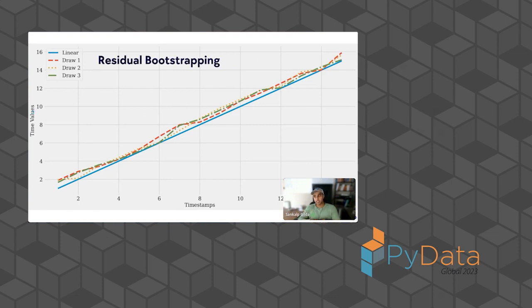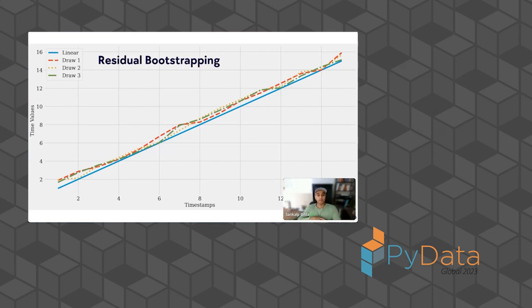Specifically, in this presentation, I've demonstrated residual bootstrapping. This is one of the several model-based approaches that are available in this library. It is a very popular model-based approach. What you do is you first fit a model to the data, and then you bootstrap the residuals.